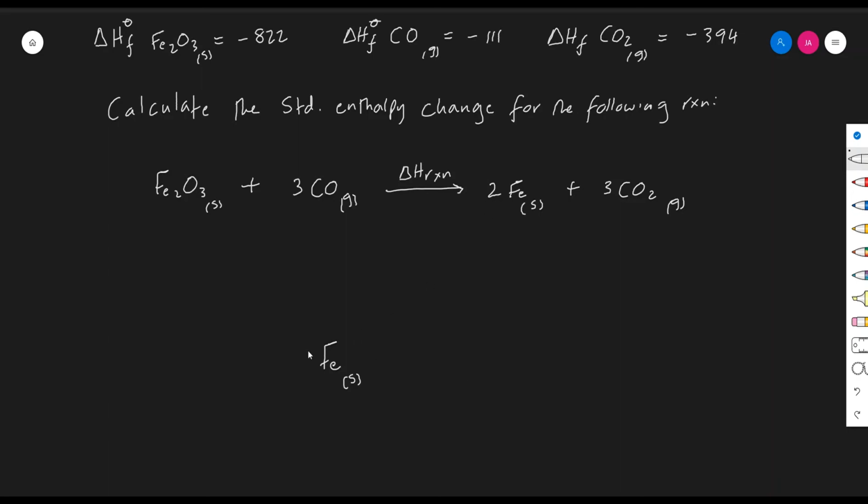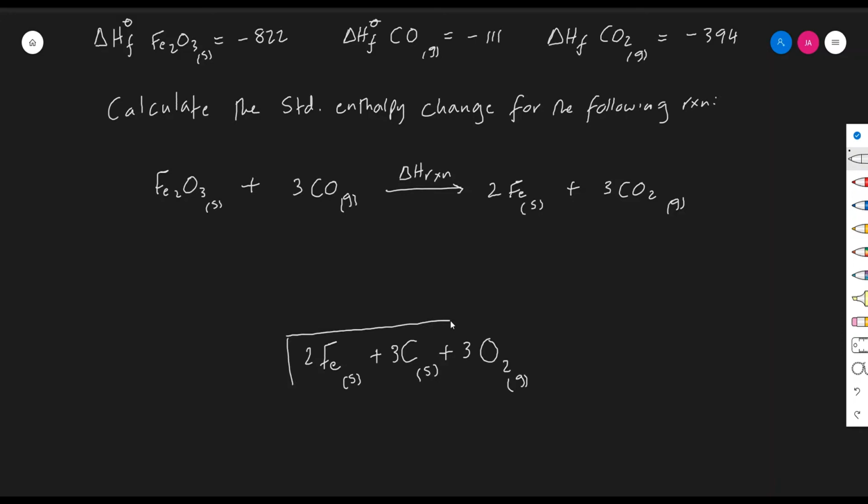I have 2 moles, and thus this is 2 moles. Plus, the other elements that make up the products are carbon solid, and I have 3 moles of carbon, so I would multiply this by 3. And oxygen exists as O2 gas in its standard state, and I have 3 moles of oxygen gas, thus I would put 3 moles here.